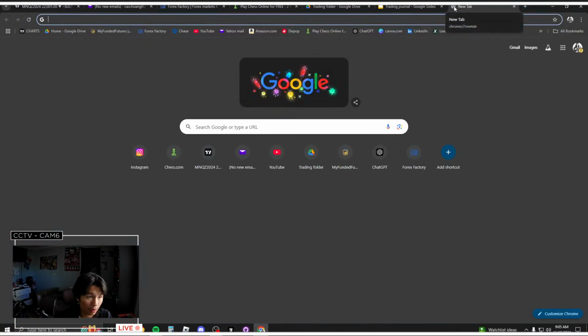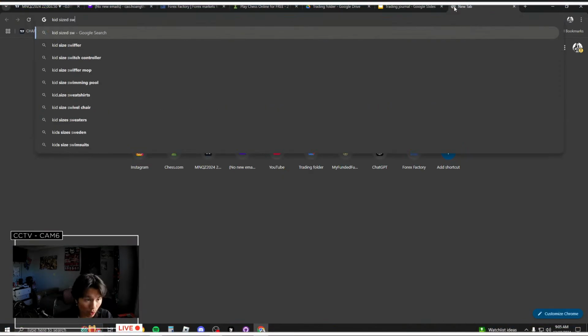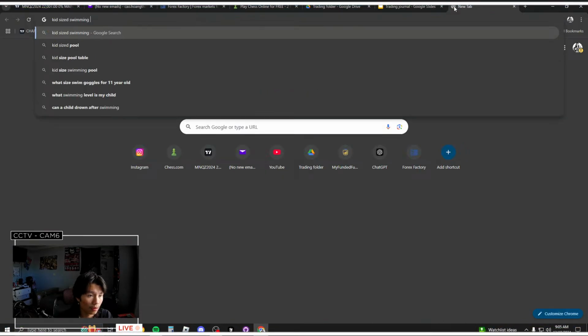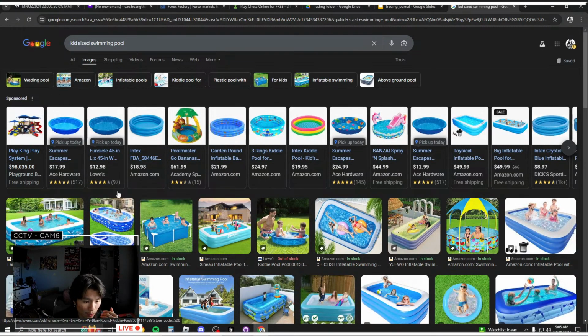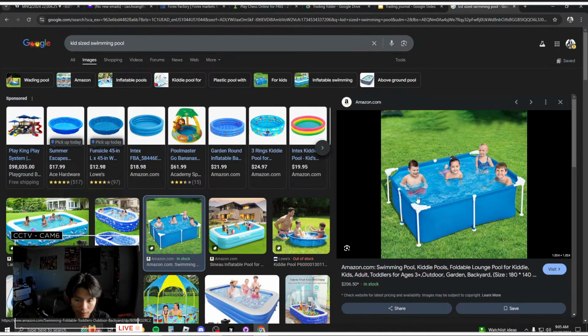I'm going to use pictures here. So imagine there's a kid-sized swimming pool, something like this, with water in it. And imagine an elephant gets dropped into the kid-sized swimming pool. It could be fast, but an elephant gets dropped inside this kid-sized swimming pool.